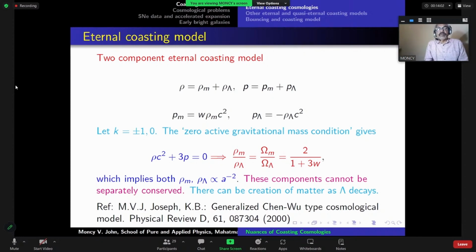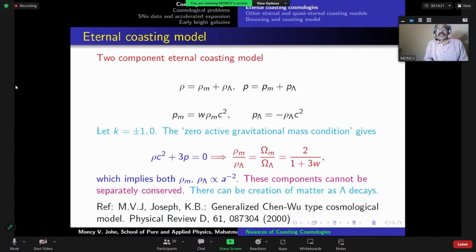That means both matter and lambda densities must vary as a to the power -2 to keep this ratio a constant, and that ratio is a constant of the order of 1. So there is no coincidence problem in this model.